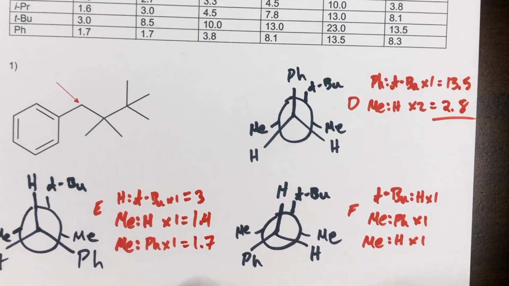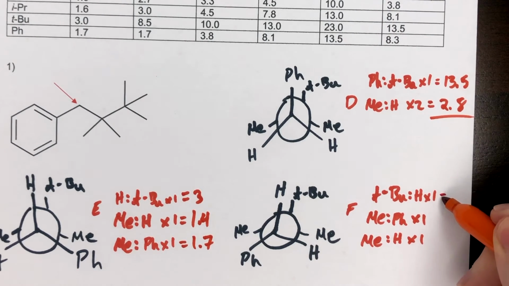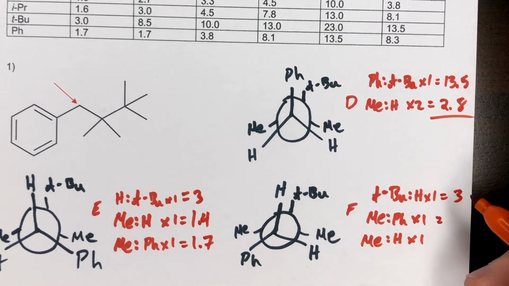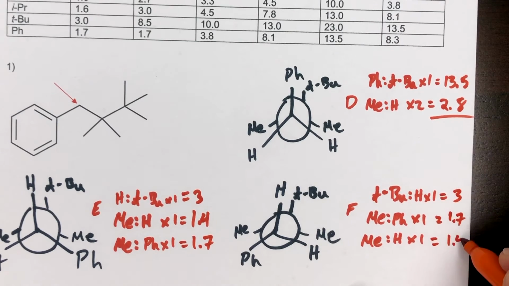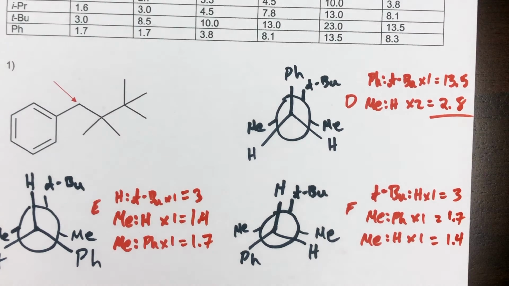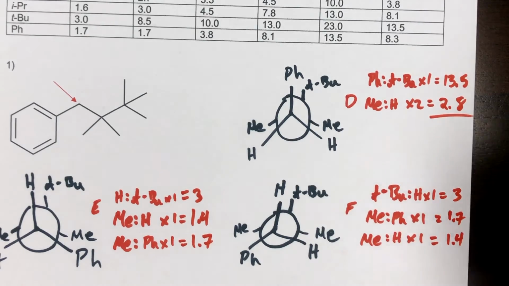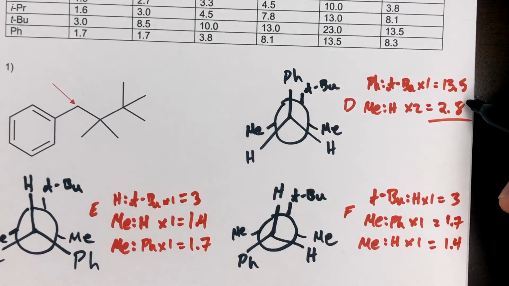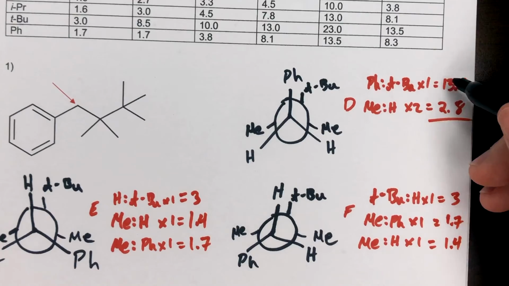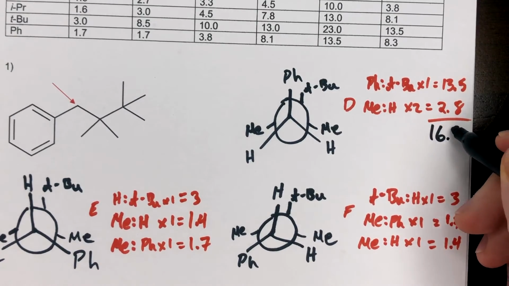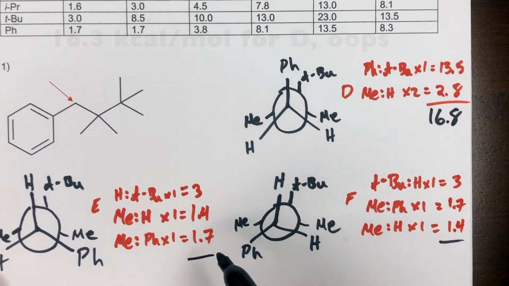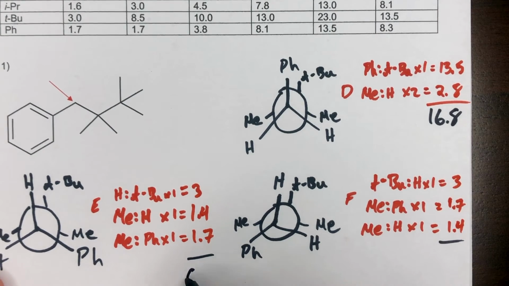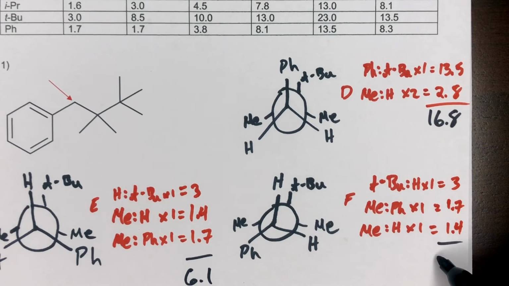Okay, and then this is the same. T-butyl hydrogen, that's 3. Methyl phenyl is 1.7. Methyl hydrogen is 1.4. Okay, now let's add these all up. This one is 13.5 plus 2.8, so 16.3... or rather 16.8 kcal per mole. And these two, this one is 3.1 plus 3 is 6.1 and 6.1.